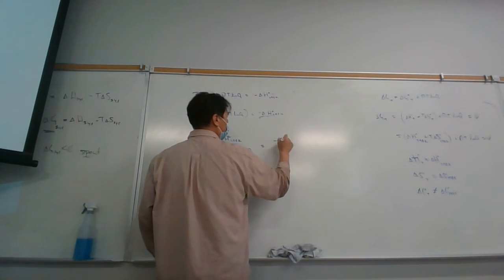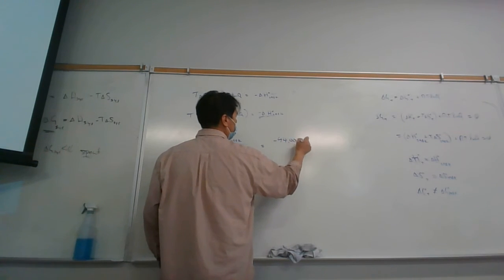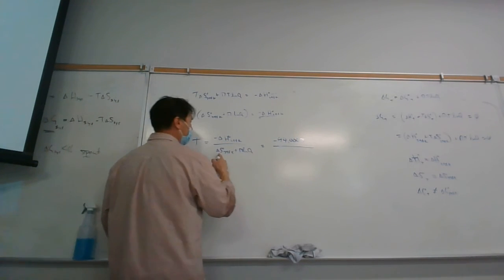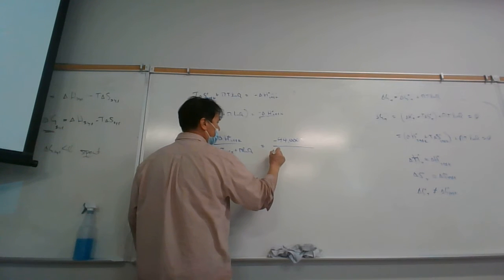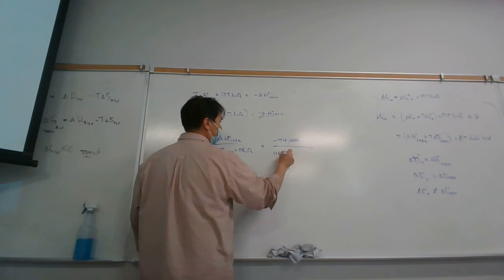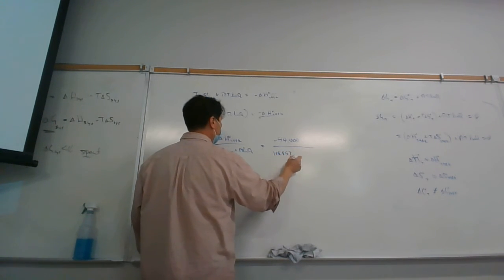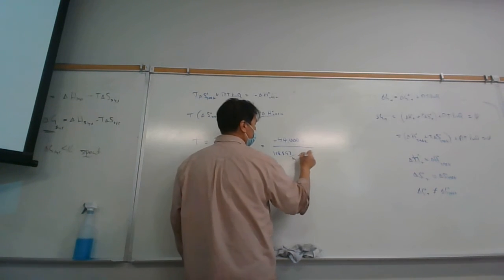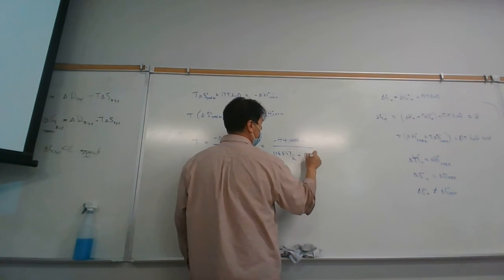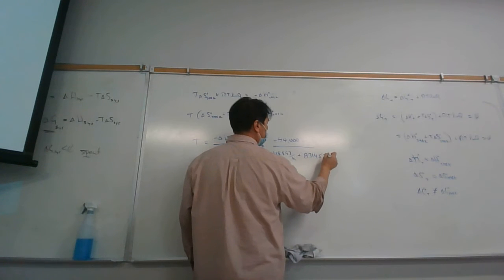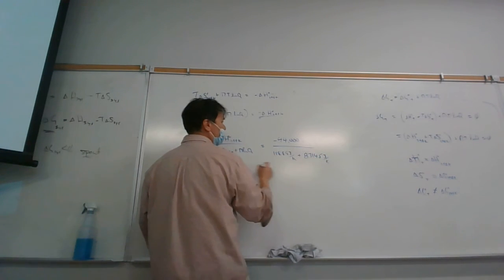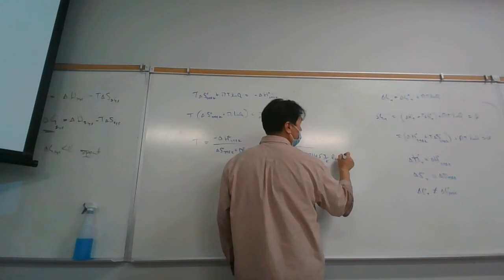Delta H is minus 44, I'm going to go joules, 44,000 joules. Delta S is 118.89 joules per Kelvin. R is 8.3145 joules per Kelvin. Times ln of Q, ln of 1/3.